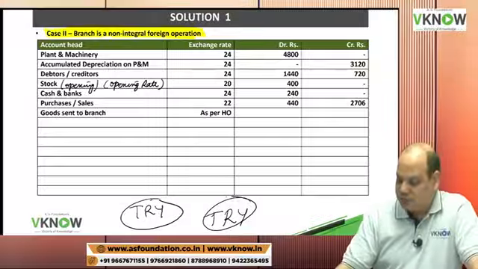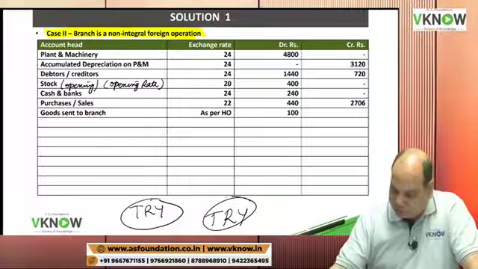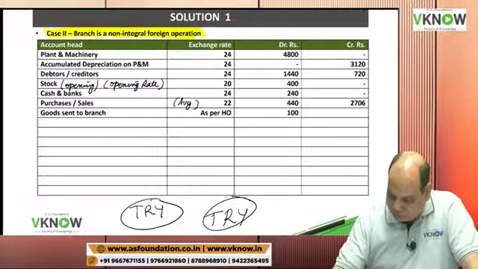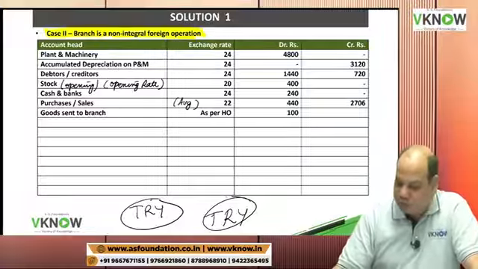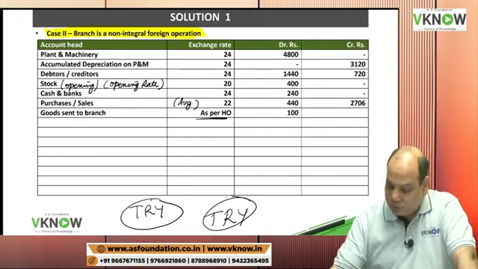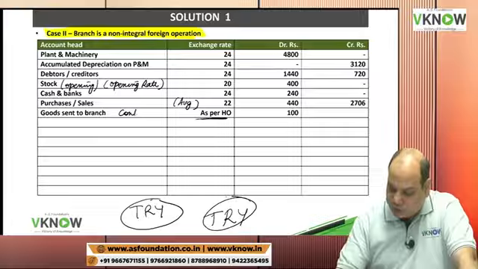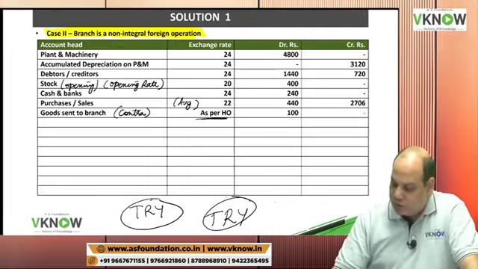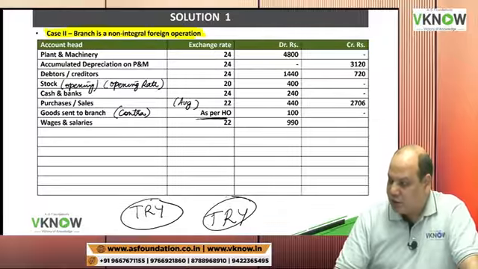Purchase and sale, same average rate. Goods sent to branch. This is contra. Contra will be given to you in the question. As per HO, 100.